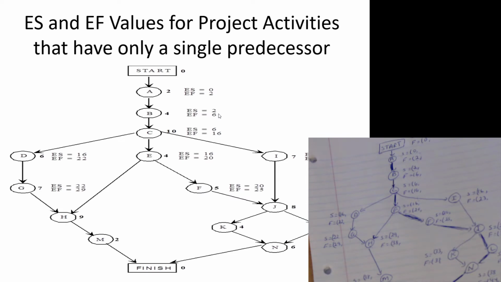B takes 4 weeks, so 2 plus 4, the earliest finish time is 6 weeks. When can C begin? C begins when B ends. The earliest finish time for B was 6, therefore the earliest start time for C is 6. And we continue on in that process.